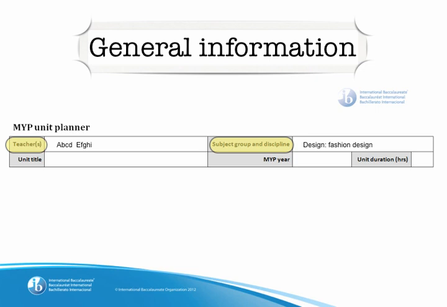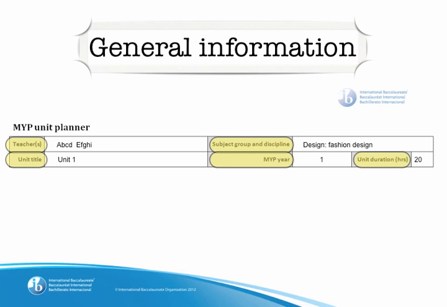The unit title is recorded for archiving or referencing purposes and could be as simple as Unit 1, 2, 3, etc. And the MYP year should be entered as a number from 1 to 5. In the case of language acquisition specifically, the phase needs to be indicated. Unit duration should be recorded as the number of teaching hours, not lessons, periods, or weeks.